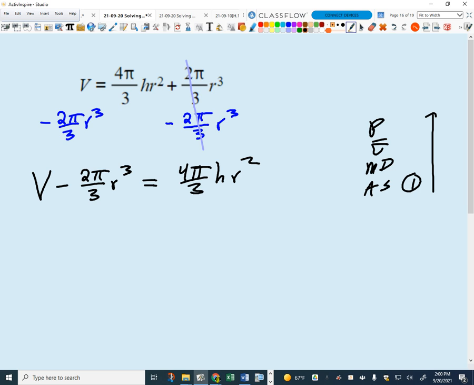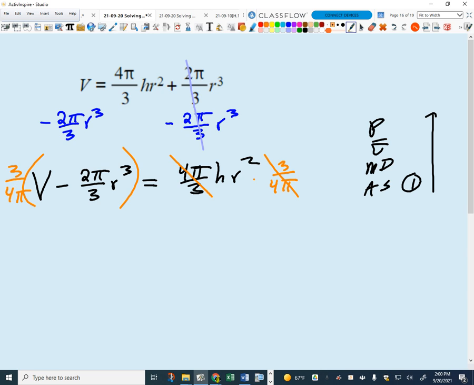So I could multiply both sides through by 3 over 4 pi, which means I need to put that in parentheses, right? Because I'm multiplying the whole side by something. So I've got 3 over 4 pi. So that cancels that, right? Everybody agree? If I multiplied straight across, this times that, I'd get 12 pi over 12 pi. So they cancel.